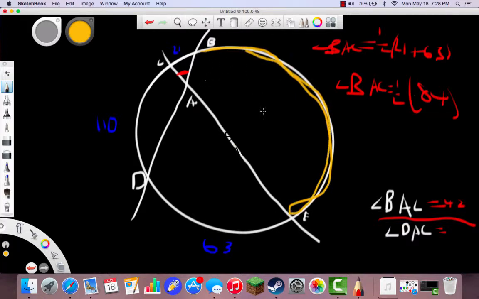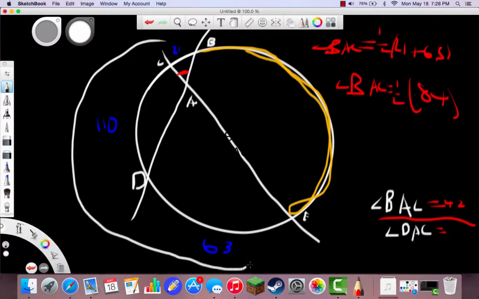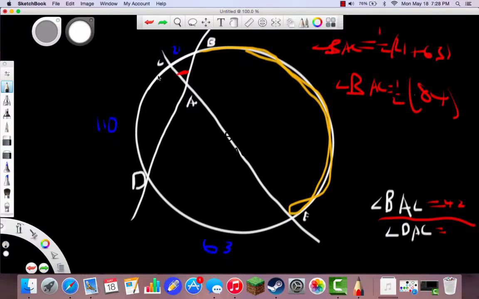Well, you could always add these three up, arc CD, DE, and BC, and subtract it from 360. 110 plus 63 plus 21 gives 194. So our major arc BDE equals 194 degrees, and 360 minus 194 equals 166.